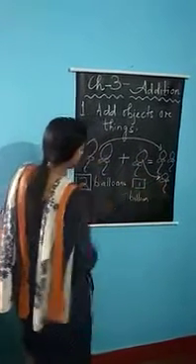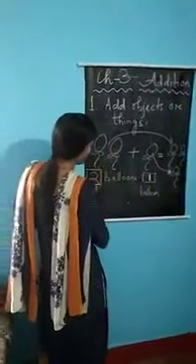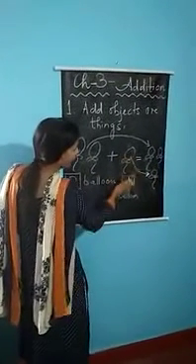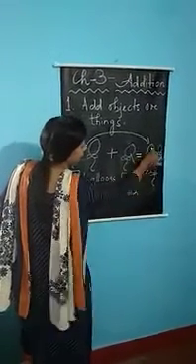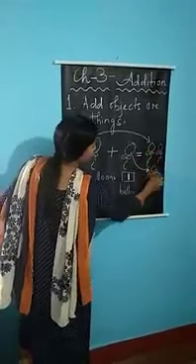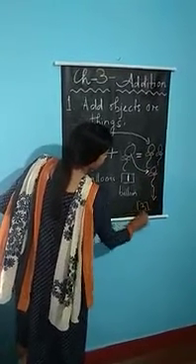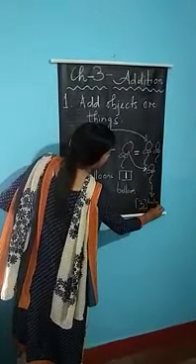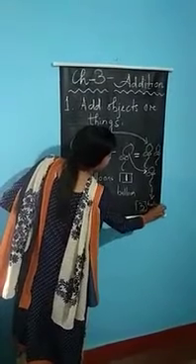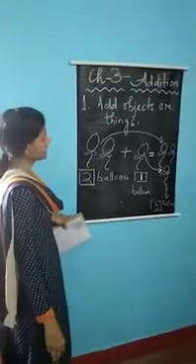Here 2 balloons and here 1 balloon, and finally how many balloons do you get? 1, 2 and 3. So how many balloons are here? 3 balloons. So like this we can add.